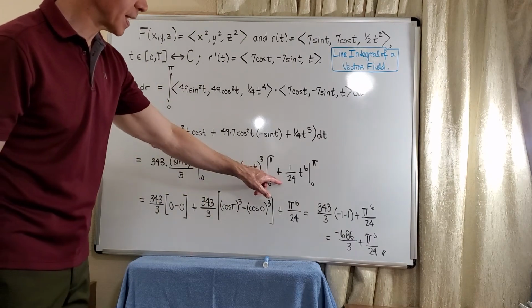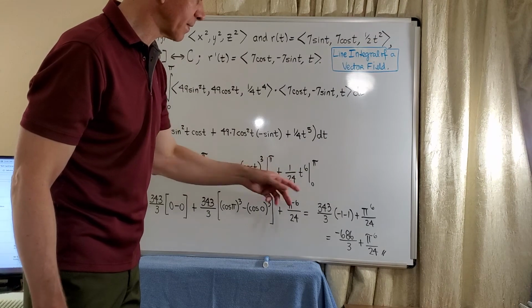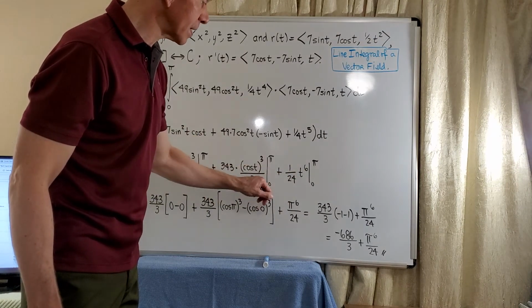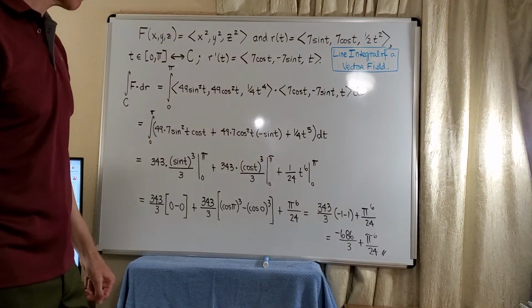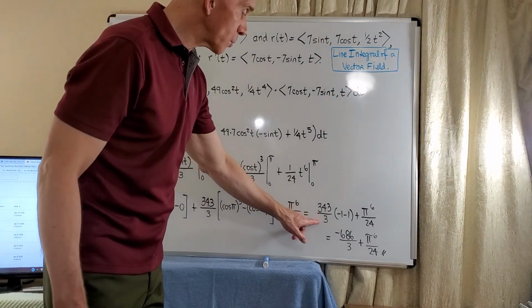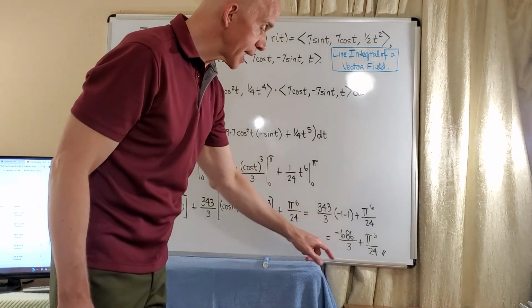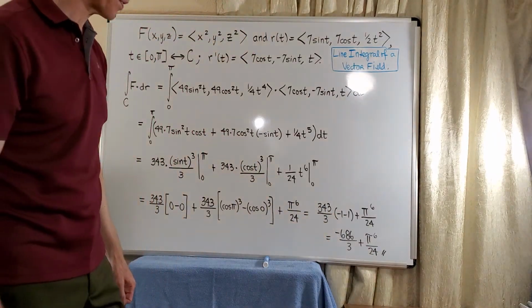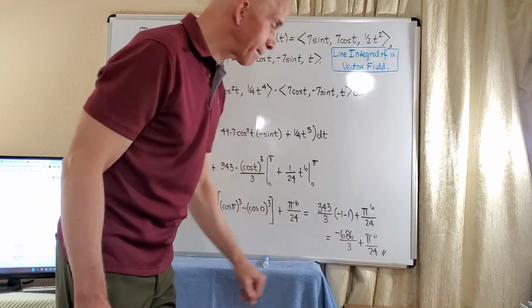For the last term, we evaluate at pi and 0, 0 giving us 0, and pi giving us pi to the 6 divided by 24. So we have 343 divided by 3 times negative 2, which gives us negative 686 divided by 3, and then the positive term, pi to the 6 divided by 24.